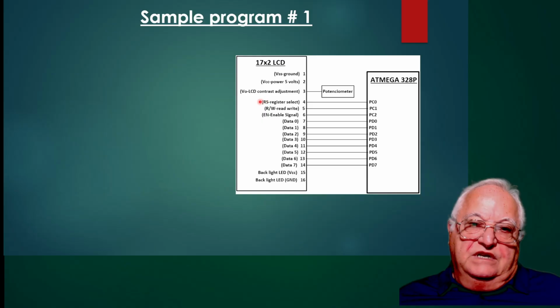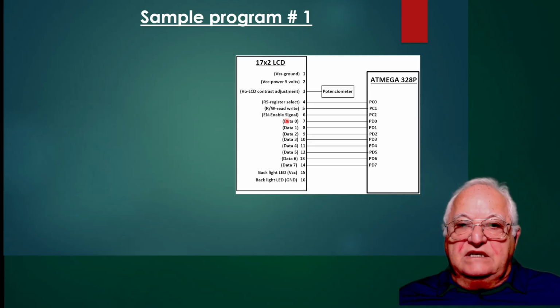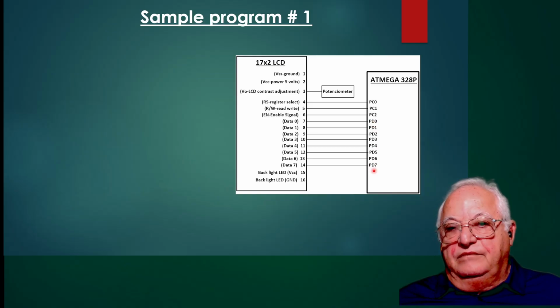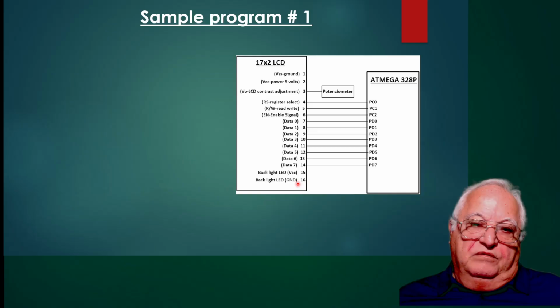The register select is where we set up whether this is a command or data, and the read/write is always going to be write. Then we place our data on ports PD0 through PD7. And then we have the backlight and the ground for the backlight, and this is the potentiometer.